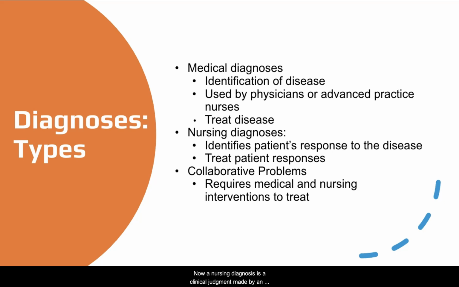Now, a nursing diagnosis is a clinical judgment made by an RN that describes the patient's response to the diagnosis that the physician made, right? So how is the patient responding to, for example, the pneumonia diagnosis? It is a diagnostic label that classifies an individual's, family's, or community's response to illness so that all nurses understand a specific patient's healthcare needs.